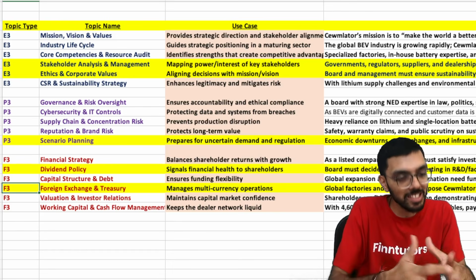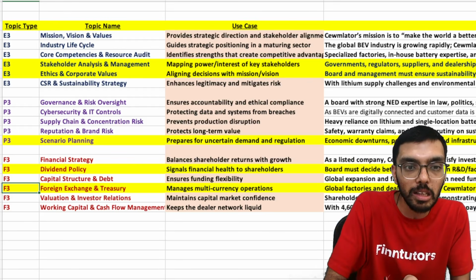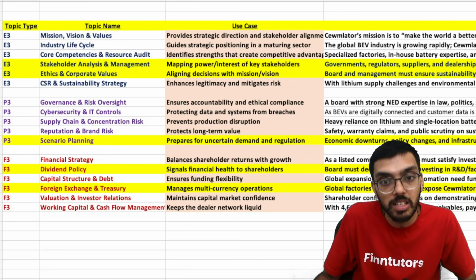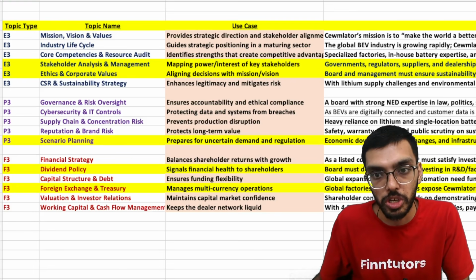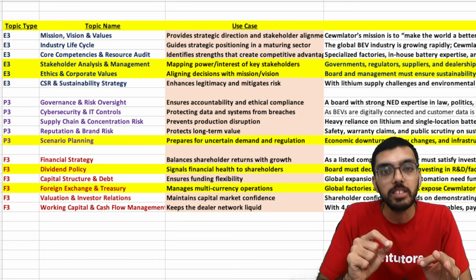But the first place is actually starting and understanding, okay, these are key areas. This is how I need to think of it and I need to revise it. That's where the topic list comes into the picture. And this is what I would recommend for you all as well. Make a comprehensive topic list.